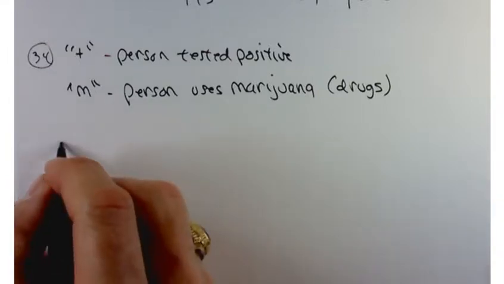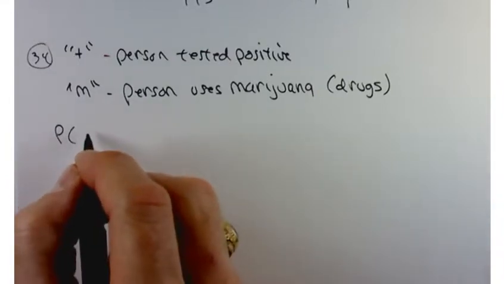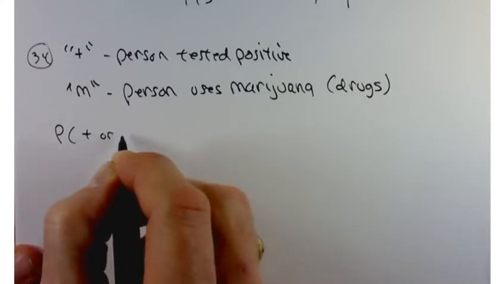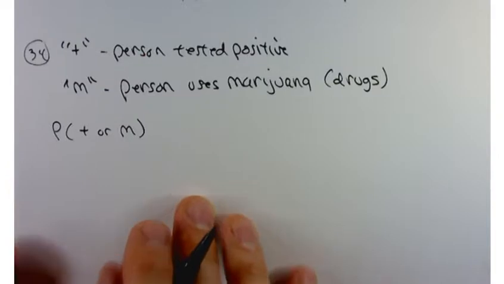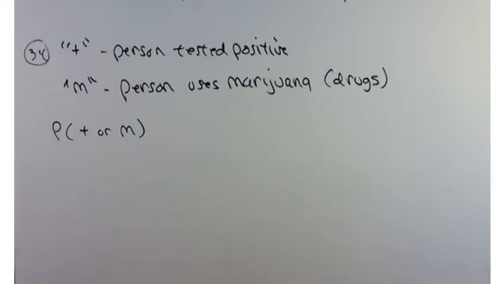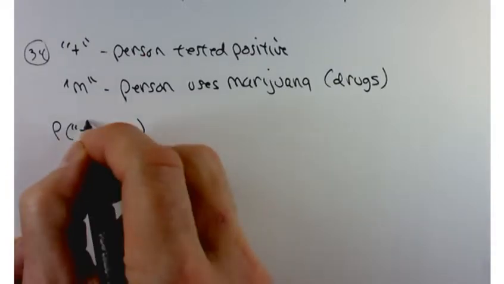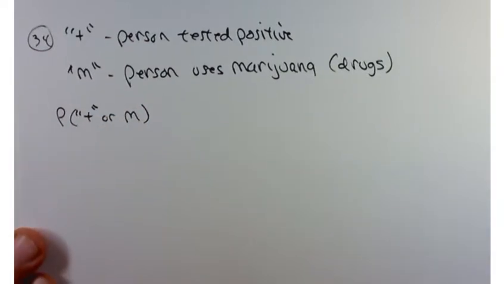So the question is, what's the probability of a positive result or the person uses marijuana? So P of plus, positive result, or M.